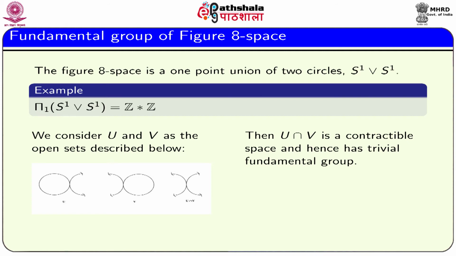The first one, a circle with a portion of a circle, this is the set U. The second one, that is the circle on the right and a portion of the circle on the left, stands for the open set V. Then if we take their intersection, that gives us a figure like what is appearing in the third position.